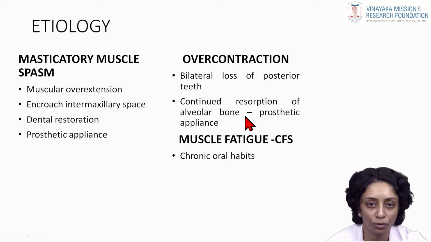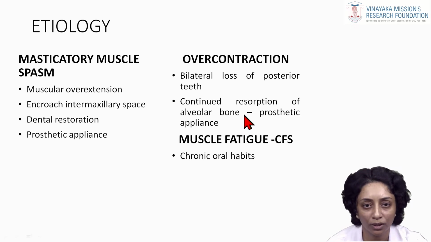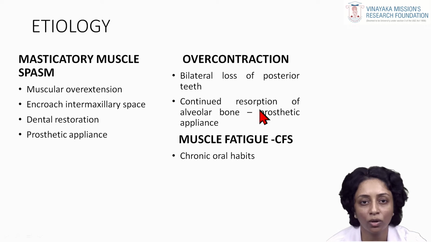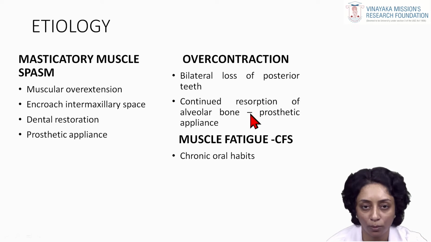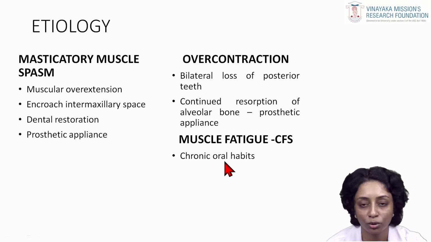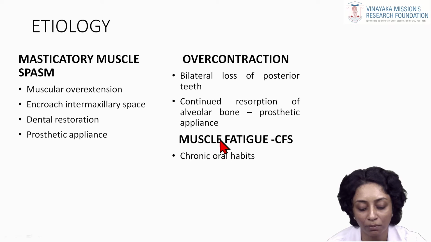If there is a lack of posterior teeth, the muscle has to compensate for the food overload. Then there will be resorption of the mandibular bone, and that will cause over contraction of the muscles. Due to these parafunctional habits, the muscle works under overload, becomes fatigued, and that leads to muscle fatigue disease.